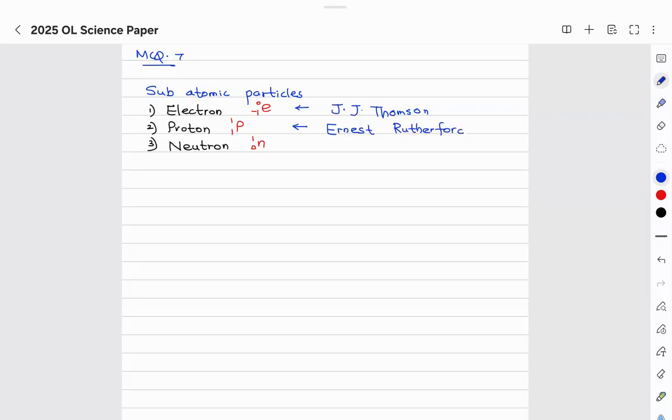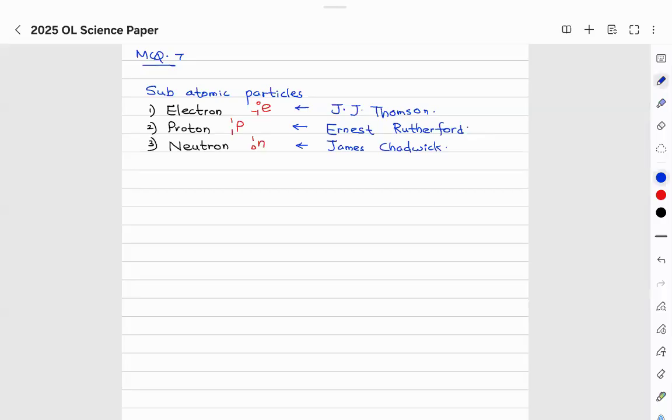And neutron was discovered by whom? James Chadwick. In this way. So you just remember these things. I think they haven't mentioned those names, but I'm just giving you. Electron was discovered by J.J. Thomson, proton by Ernest Rutherford, and neutron by James Chadwick.